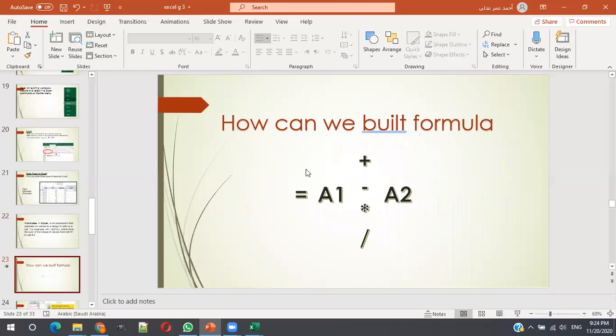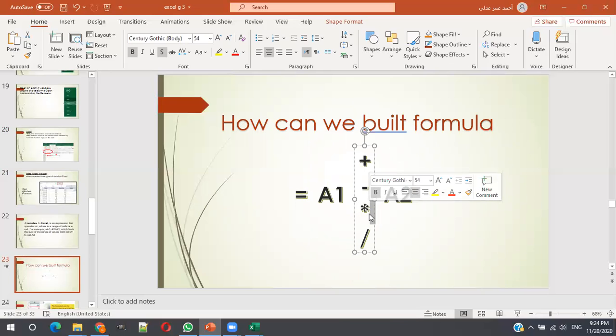Okay, how can we build a formula? Equal, then A1 or any cell you want. Then you have to put plus or minus or multiply or divide. But in the computer we have to write multiply like this, a star.